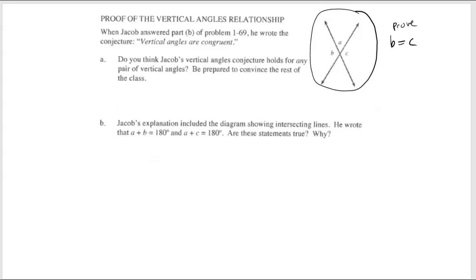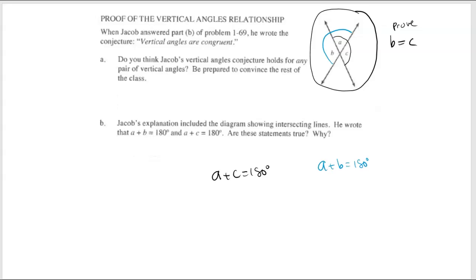So prove this. All right, so what do I know? Well, I know that angle A and C together are on the same line. So A plus C should equal 180. I also know that A and B are also on the same line. So I know that A plus B is also equal to 180. Notice that both the equations that I wrote have 180.